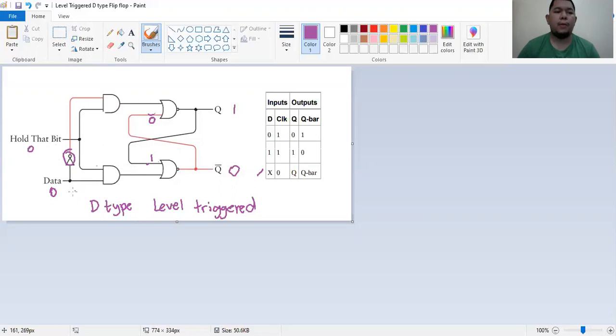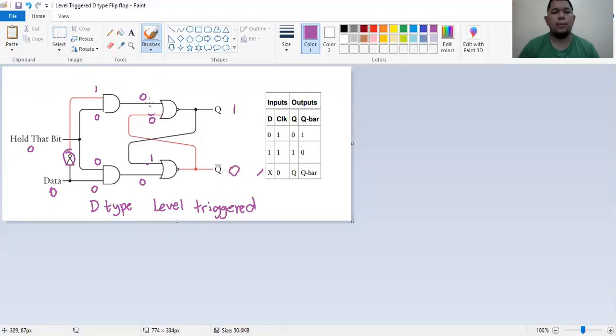So let's see. Data goes here, this goes here, and this goes here. 0 goes there, and the data is inversed, so it becomes 1. Now 1 and 0 becomes 0, and 0 and 0 still becomes 0.